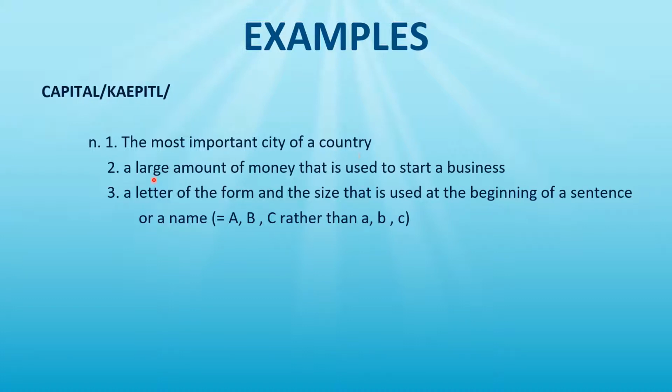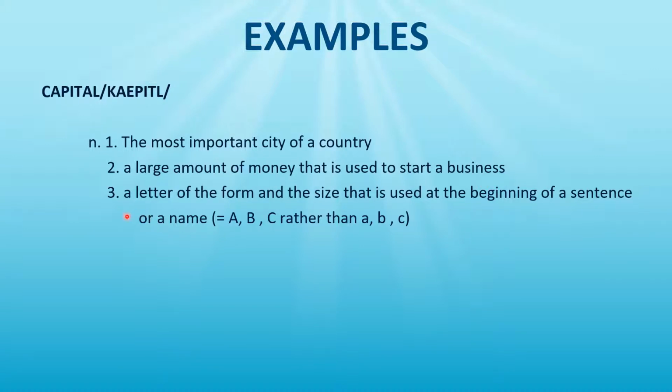Number two, a large amount of money that is used to start a business. So capital also means a large amount of money. If you have heard someone being asked, where will you arrange your capital from, or from where did you get the capital, you will simply understand that capital means a large amount of money.